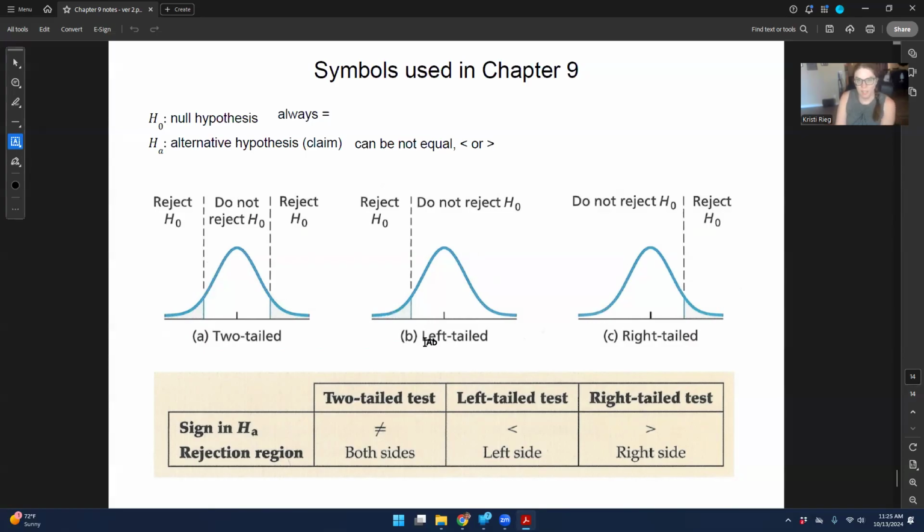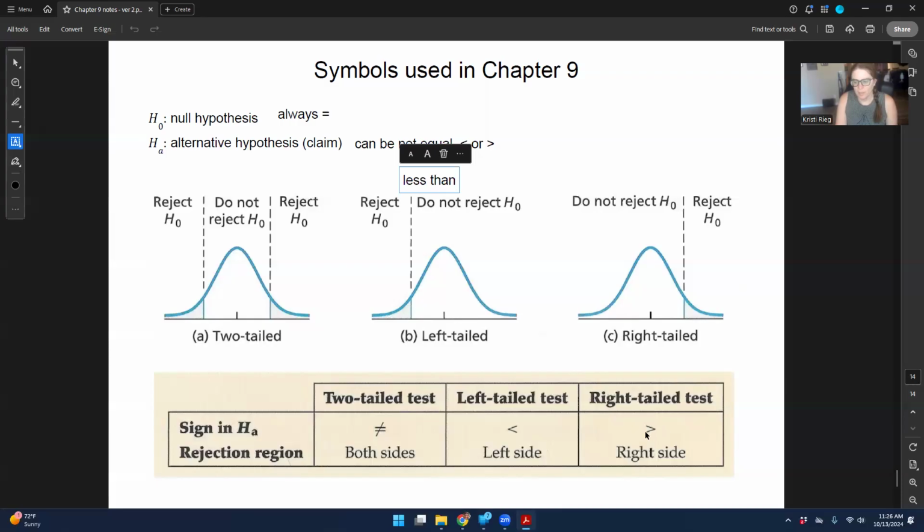If it's less than, then it is left-tailed. It's on the left side. So this, picture B, is less than. This is always going to be the picture for less than because less is on the left side.